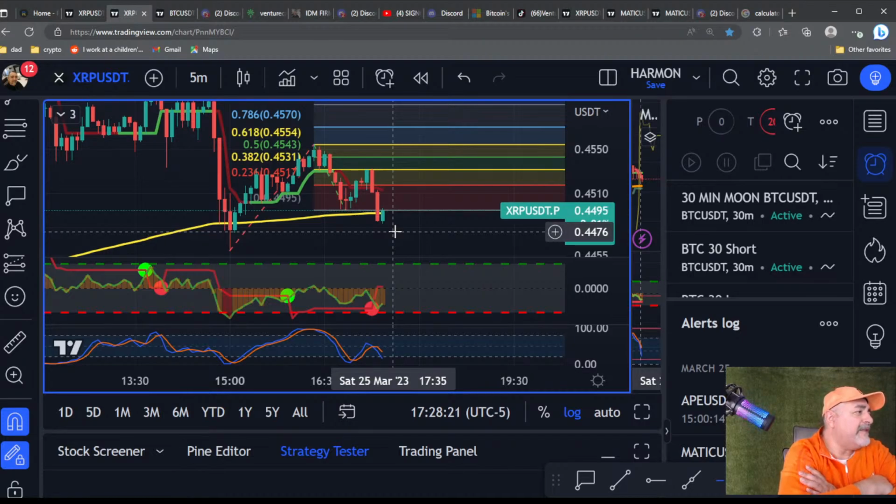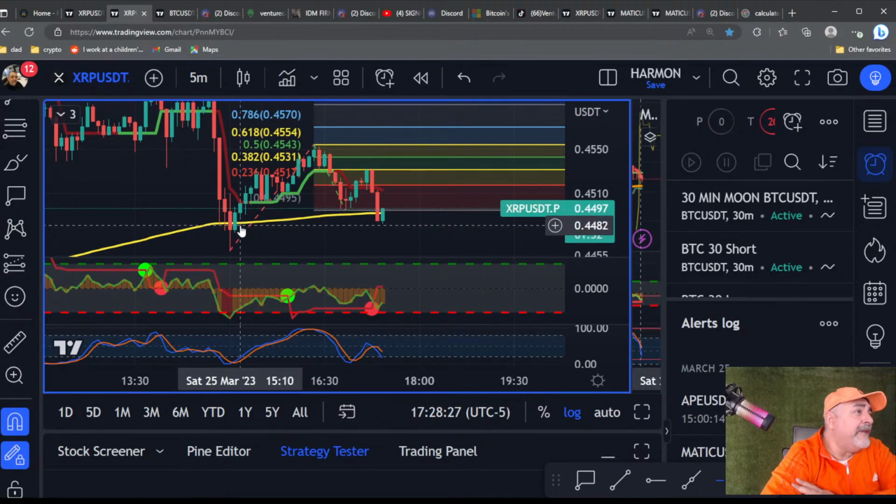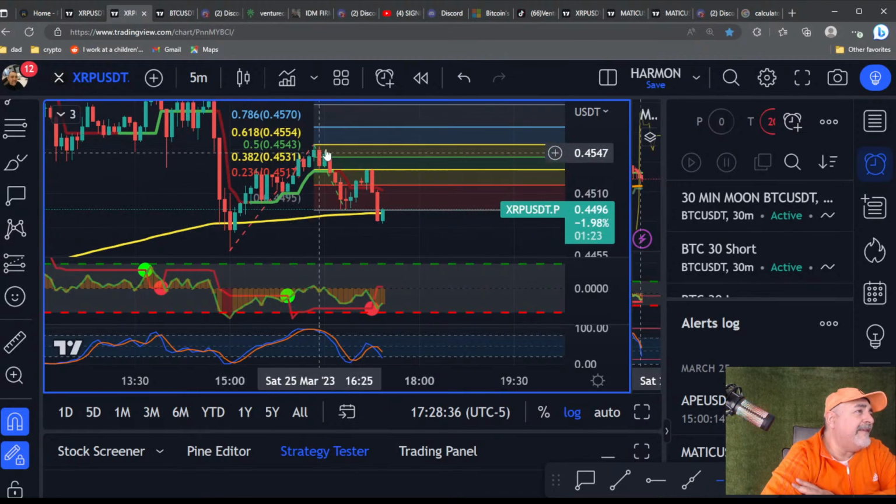Where do we go long on XRP? We went long on XRP last night, bro. We went long on XRP way over here, 43. Look at that. You know how much money we made on XRP? We made 300% gains on XRP last night, right here. 300% gains, bro.